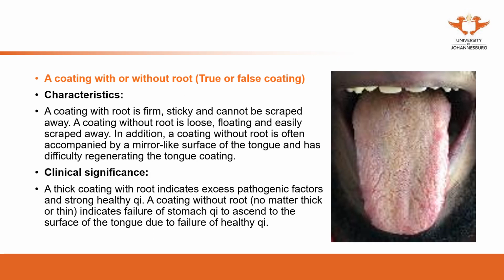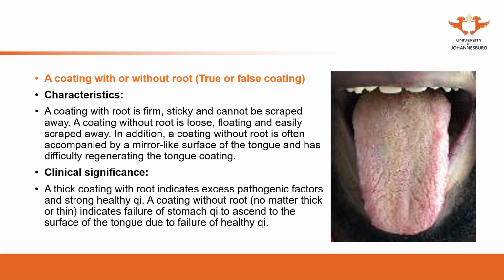A coating with or without root. In other words, we also say true or false coating. This situation is also not common in our clinics. This mostly happens in a more severe condition. A coating with root is firm, sticky, and cannot be scraped away.